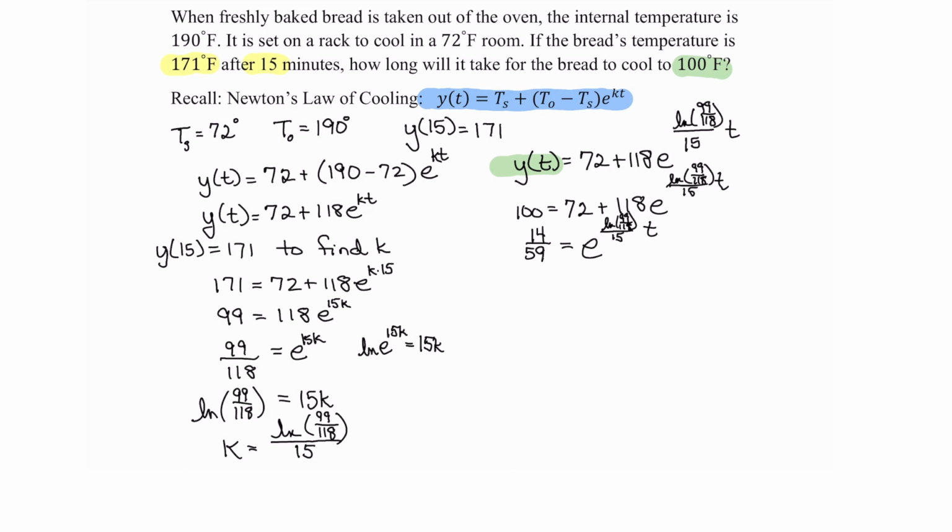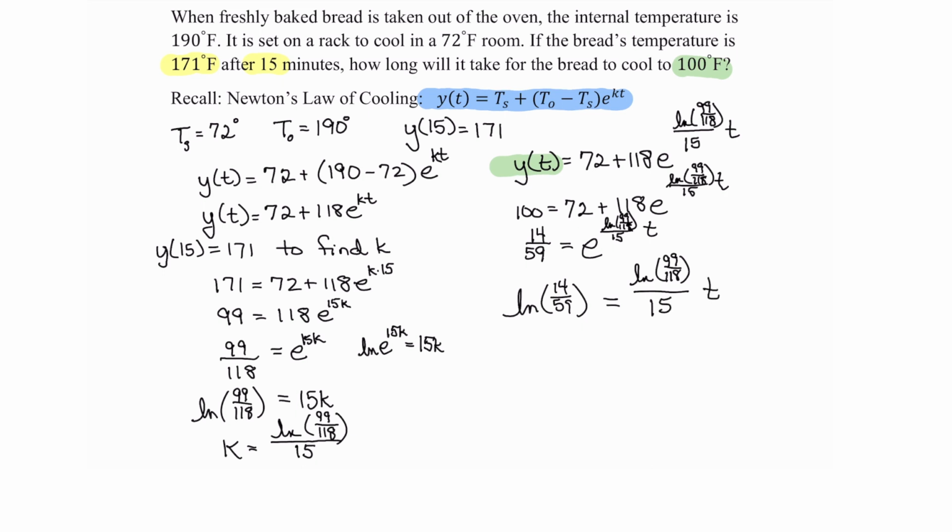Take the natural log of both sides. I have the natural log of 14 over 59 is equal to, and the natural log of e to the power is just going to be that power, so that's the natural log of 99 over 118 divided by 15 times t.